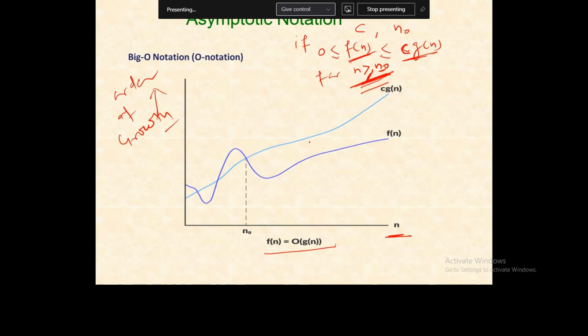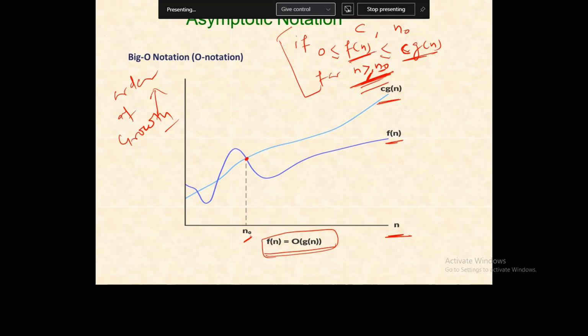This is the point n naught. Before this point, the values of both functions can be the same. After this point, the value of f(n) will remain below c·g(n). If these constraints are fulfilled, then only we can say f(n) is related to g(n) in this form, meaning f(n) is the order of g(n).